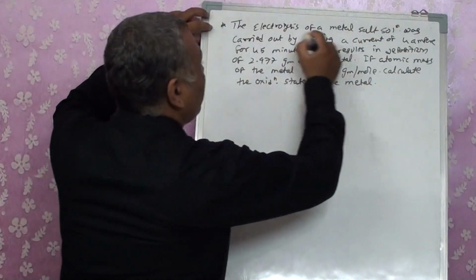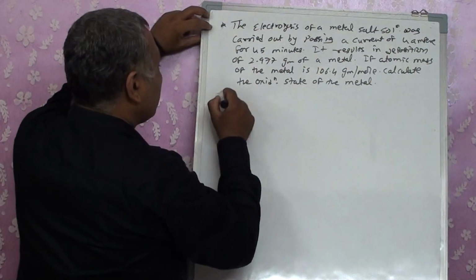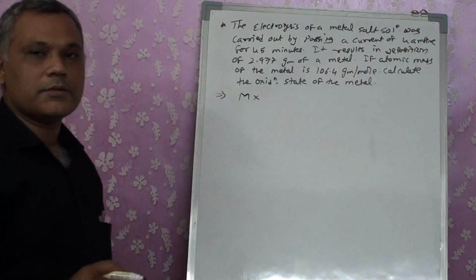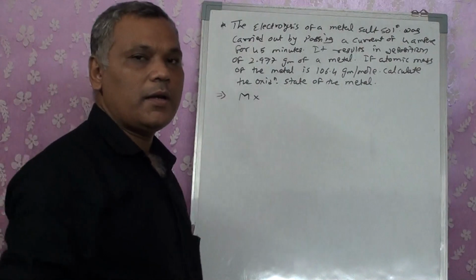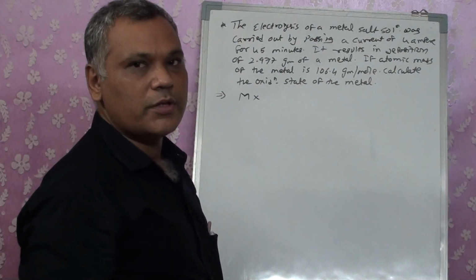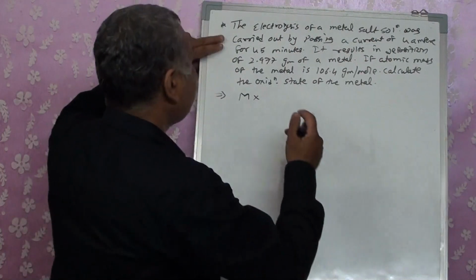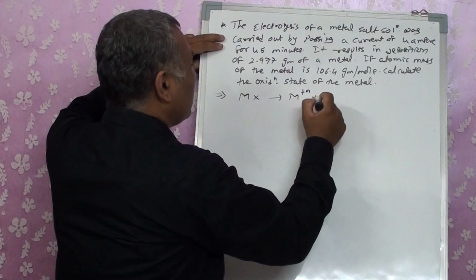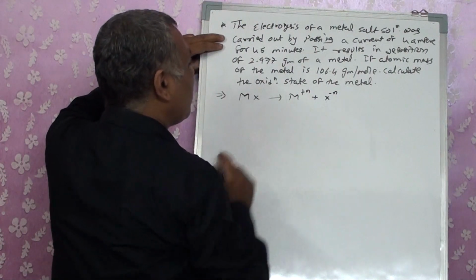Now, during the electrolysis of a metal salt, that means there is some metal salt. I'm writing it as MX. M is a metal, X is any negative anion attached with it to form a salt. That means this is in the form of M^n+ and X^n-.